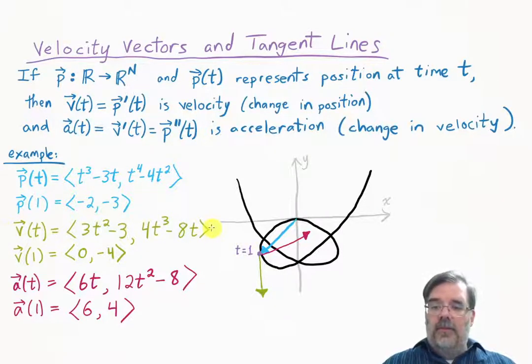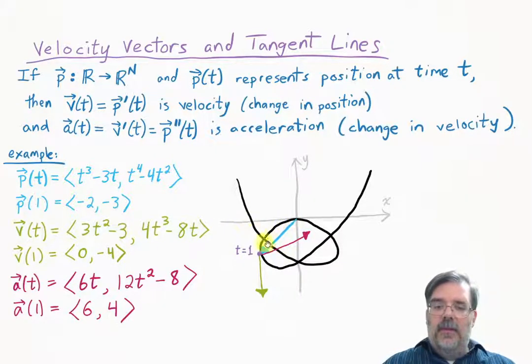Now, the vector function v of t, the derivative of the position function, will be 3t squared minus 3, comma, 4t cubed minus 8t. And that's going to be the velocity function. If you plug in any point, it tells you the direction that the coordinates are changing in.